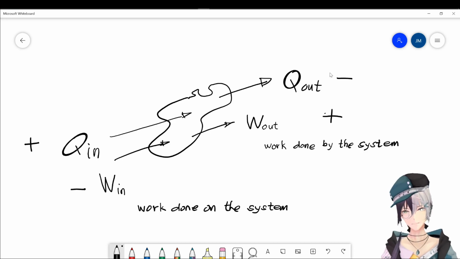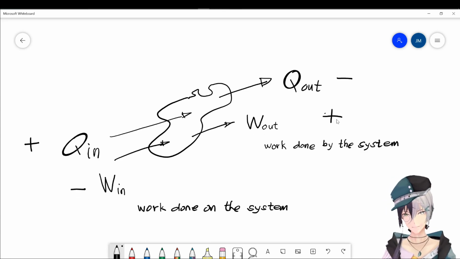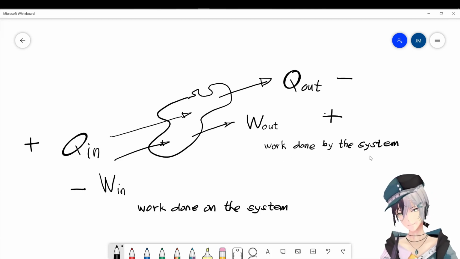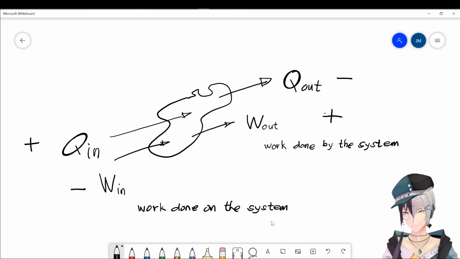Work in, work out: negative, positive. So when work is positive, it means work is done by the system. When work is negative, then work is done on the system, or to the system.